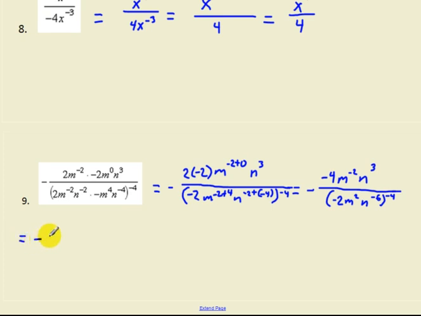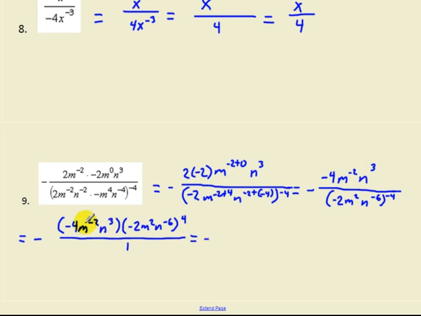So this is equal to negative, and then we have negative 4 m to the negative 2 n cubed times negative 2 m squared n to the negative 6, all raised to the positive 4th power, and if you want you can write that over 1.